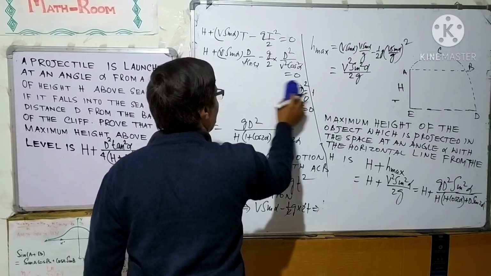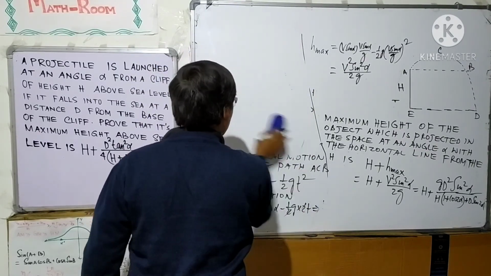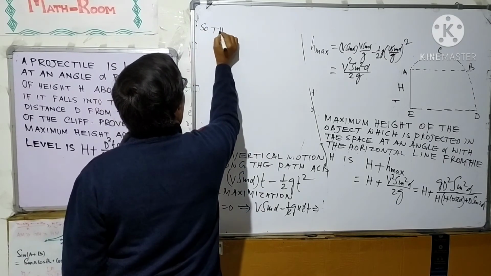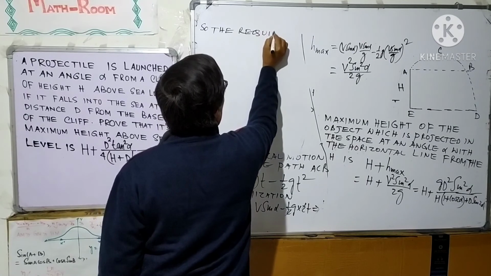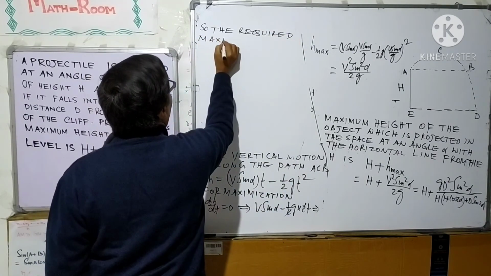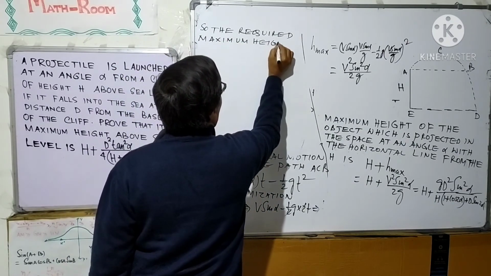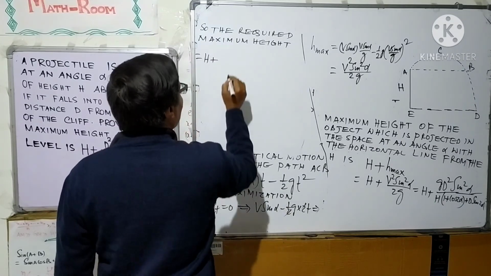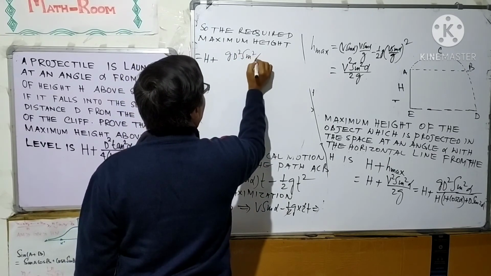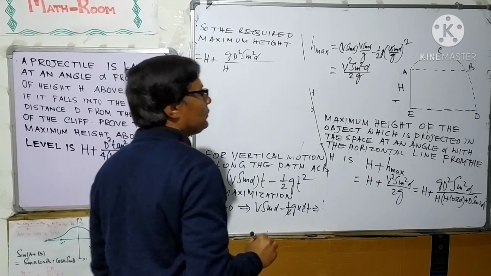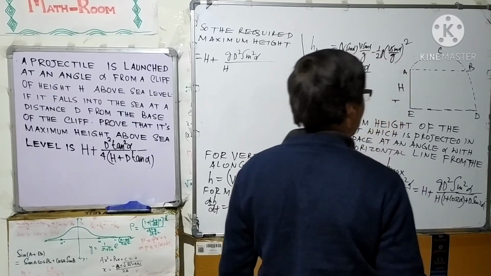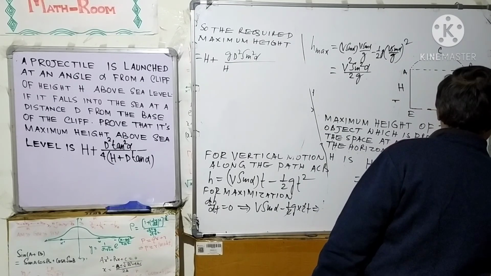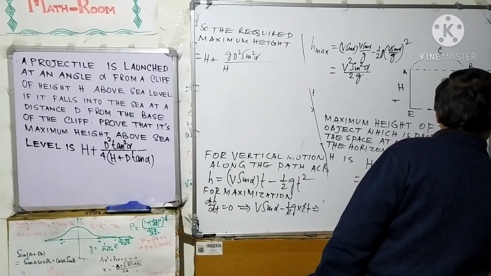So the required maximum height equal to h plus g d square sin square alpha over h into 1 plus cos 2 alpha plus d sin 2 alpha, also here we have to multiply 2g into 2g.